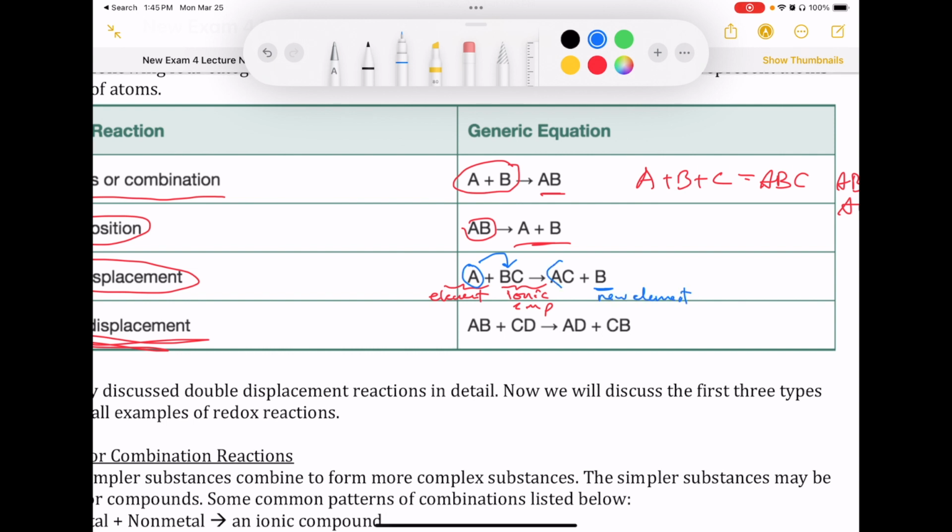And the C is partnered up with the A, so that becomes your new ionic compound. So you start with an element and an ionic compound, the cation kicks out the other cation, and now you get a new ionic compound and a new element as a result. That's what's called single displacement.